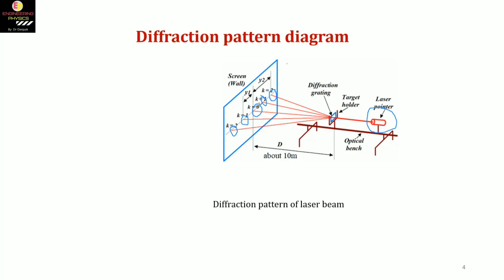The distance from the central maxima to the first order of the diffraction pattern is y1, and the distance from the central maxima to the second order is y2. So we can note down the distances of all the orders of the diffraction pattern from the central maxima, where D is the distance between the screen and the grating.